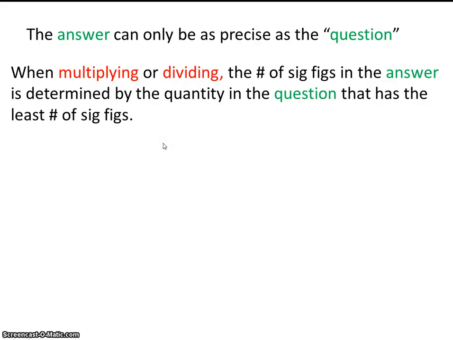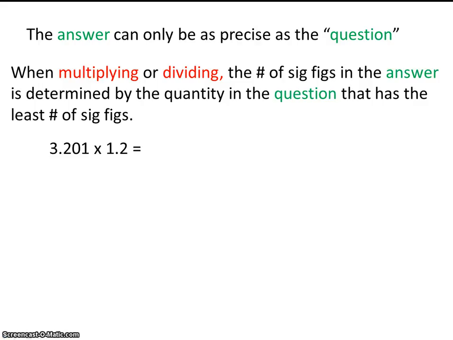So, when multiplying or dividing, the number of sig figs in the answer is determined by the quantity in the question that has the least number of sig figs. It's a little bit confusing, I know.